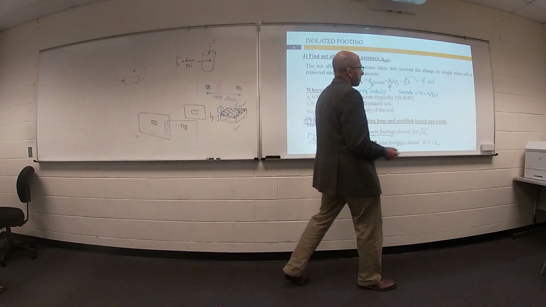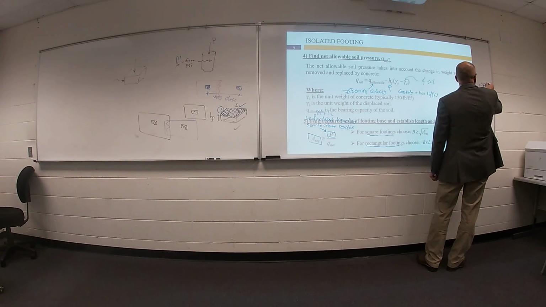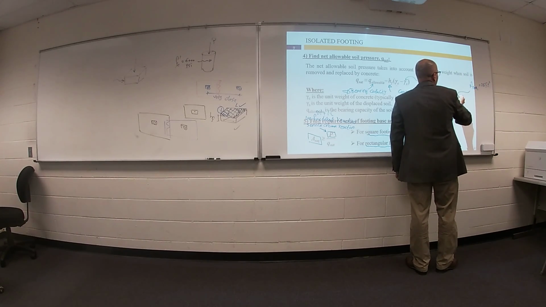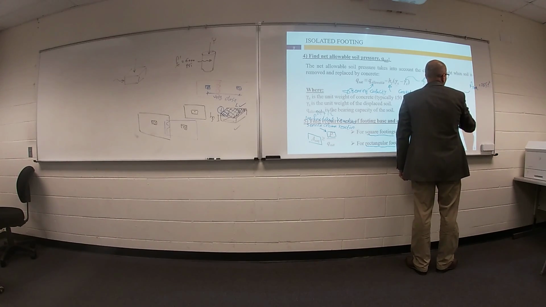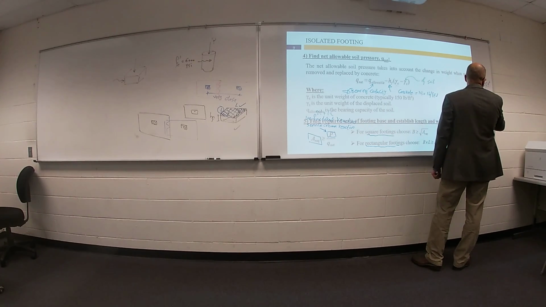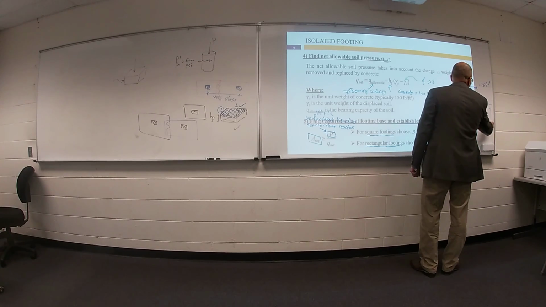For example, if your area required equals 25 square feet and I'm designing a square footing, what is the dimension? If I'm designing a rectangular footing and I assume one side 4 feet, what will be the other side?